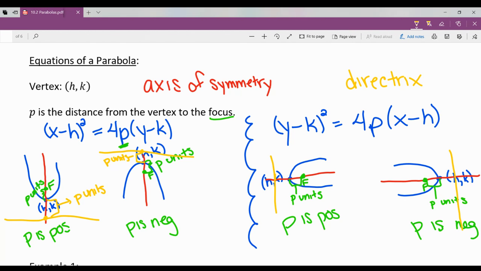From your vertex to your directrix is going to be p units away. All right, so we've got a lot going on here. So we're going to tackle these step by step just so that we get a better idea of how we figure out what the equations are in the next set of notes.